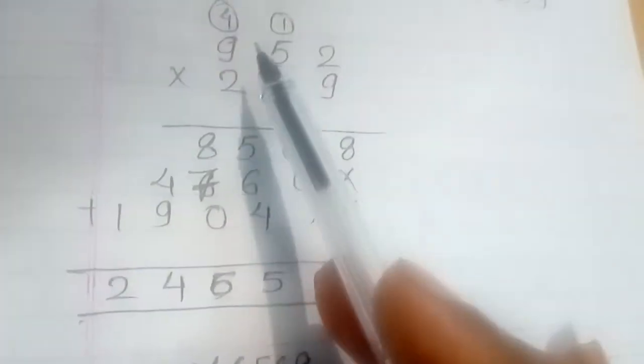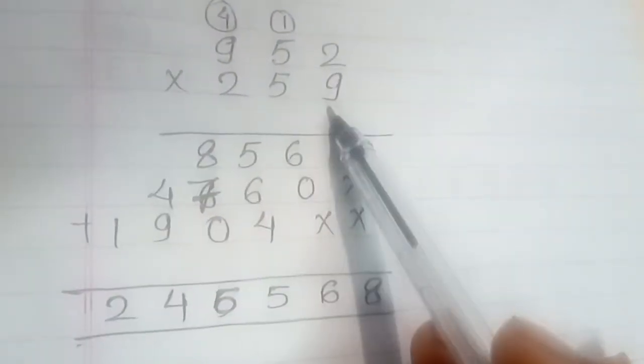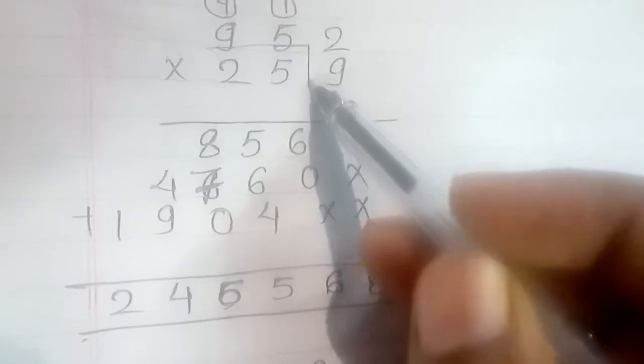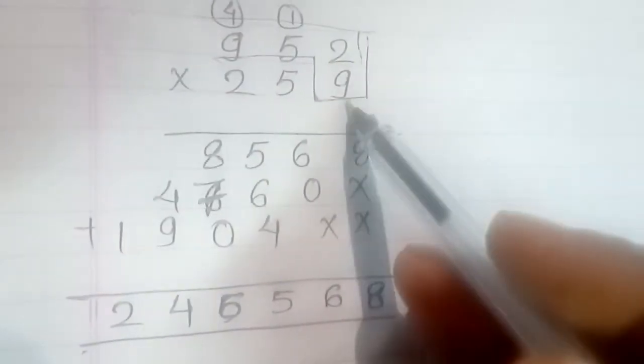You can see I have arranged both the numbers, 952 multiplied with 259. You know how we will start. We will start multiplication from the ones digit. First of all we will multiply 952 with 9.